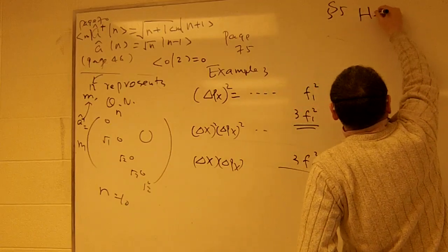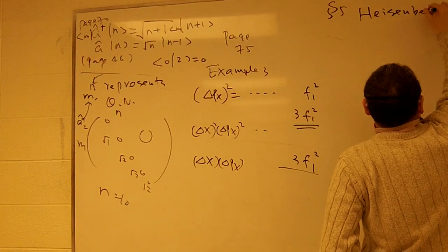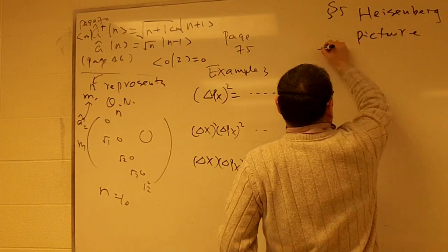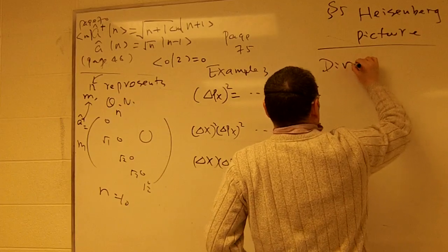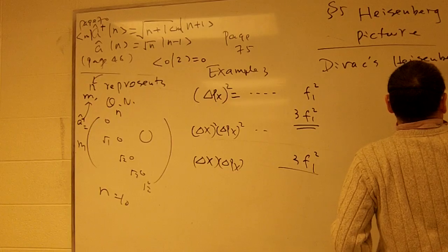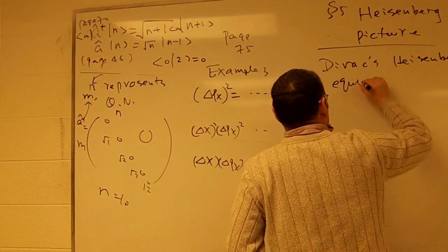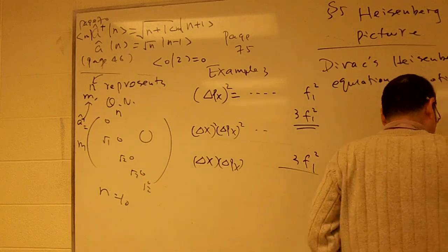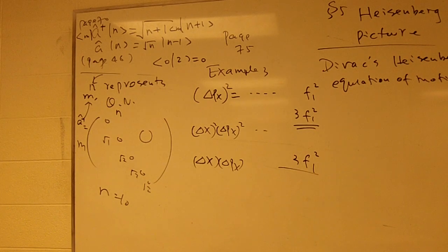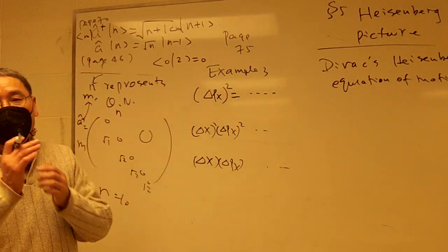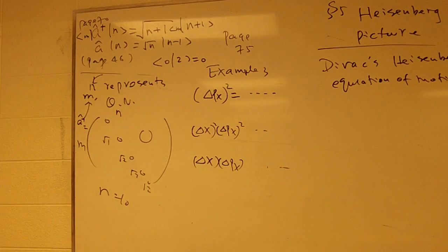So here, which we call the Heisenberg picture, and mainly it will be the Dirac Heisenberg equation of motion. I purposely wrote it this way, to make sure you know it was derived by Dirac, not derived by Heisenberg.